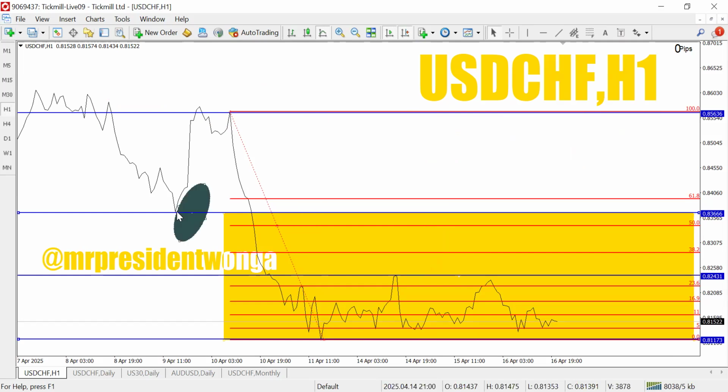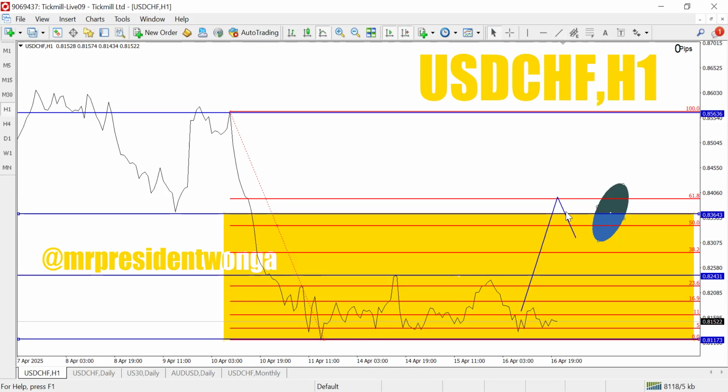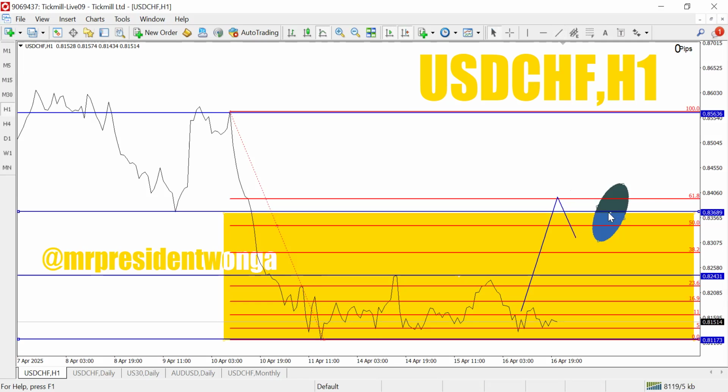There is this level. So it's between 50% and 61.9%. That is where you're more likely to see this. The price will touch that level and form some sort of an M. So like that level. I'm going to mark this level, like this one here.